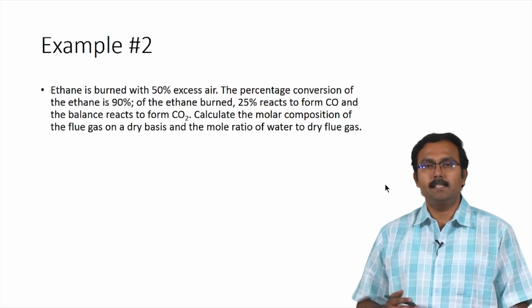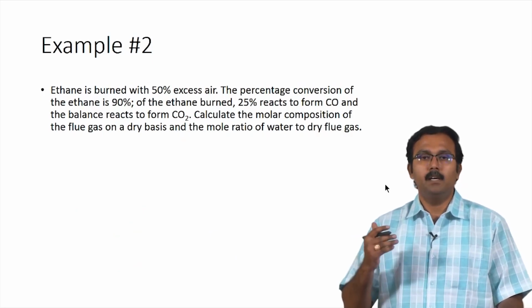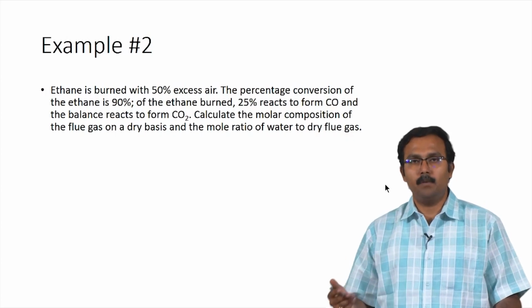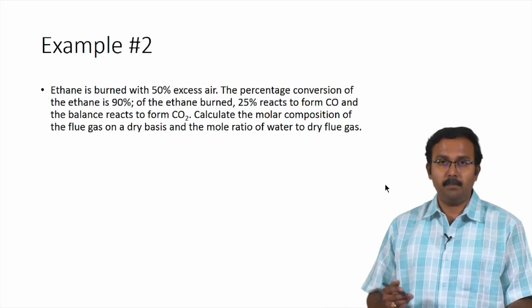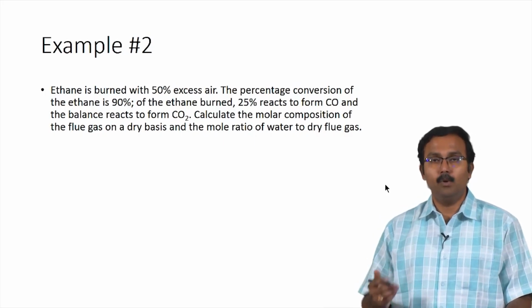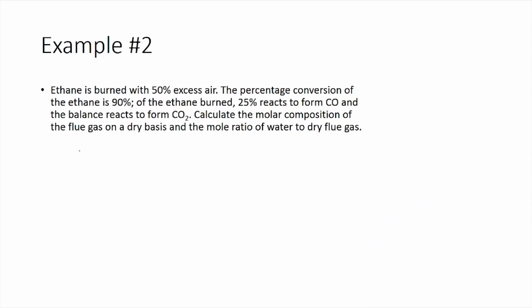The problem statement says that 25% of the ethane consumed goes into forming CO. The rest goes into forming CO2, which means 75% of the 90 moles consumed would go into formation of CO2. So, ethane that is completely combusted would be equal to 0.75 times 90.